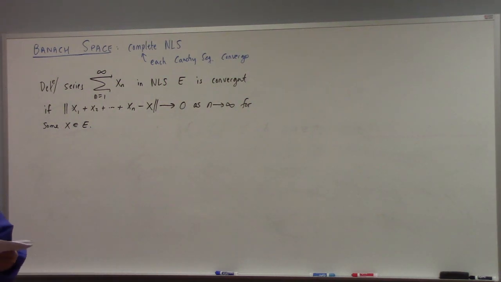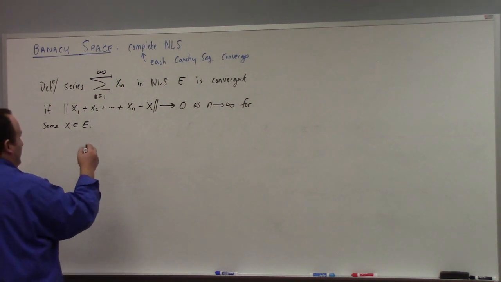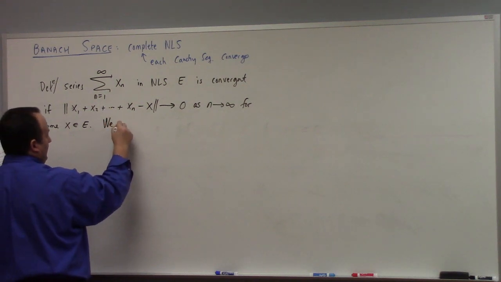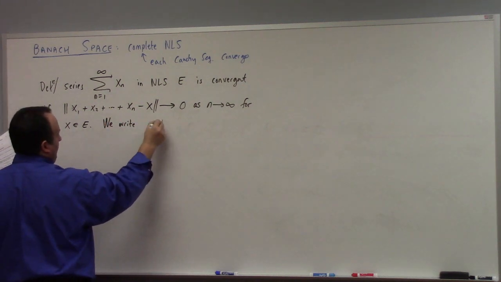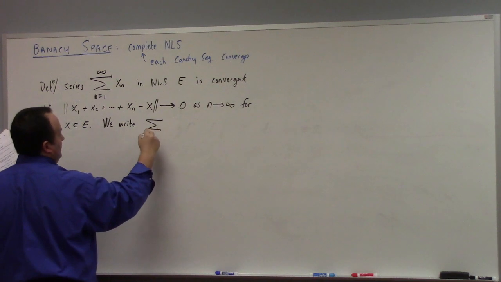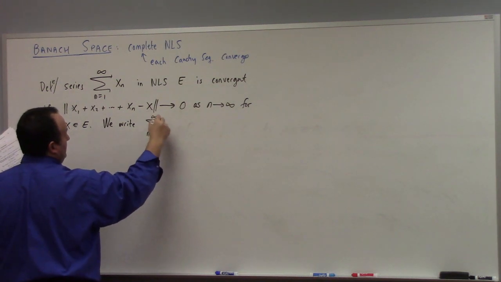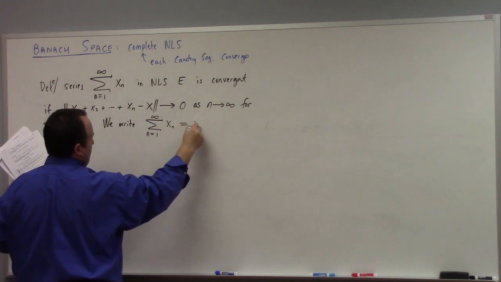So a series is convergent if the sequence of partial sums converges. And we write, as usual, the sum n equals 1 to infinity of x sub n is equal to x in that case.